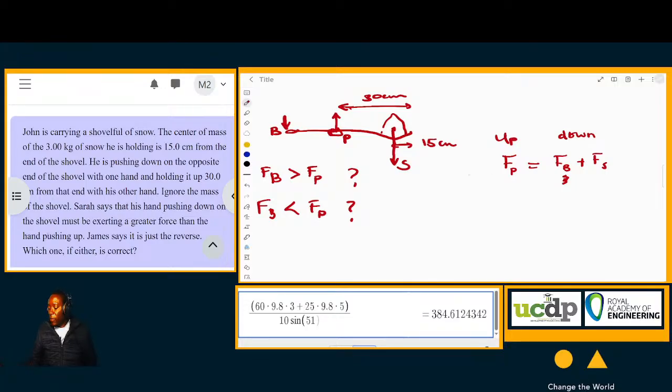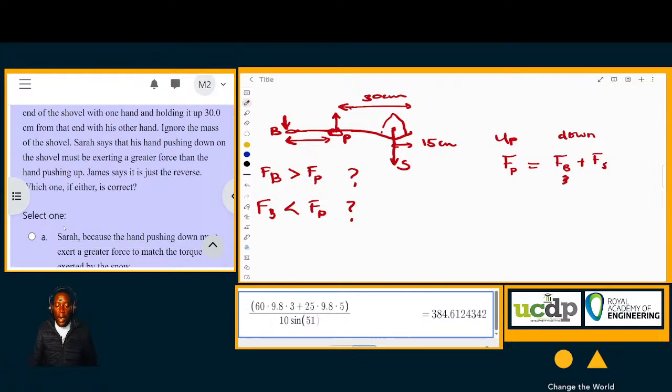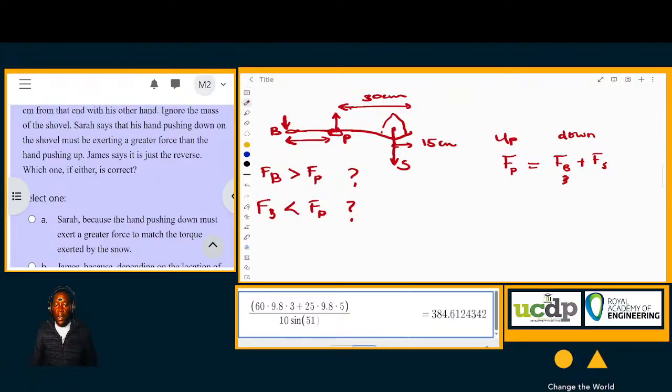You would know that the force at S depends on that distance anyway, which we don't know. If that distance is greater than 30 centimeters, then the force at B will be less than the force at S. But already we have ascertained it because we want to compare with P. So anyway, which one is correct?